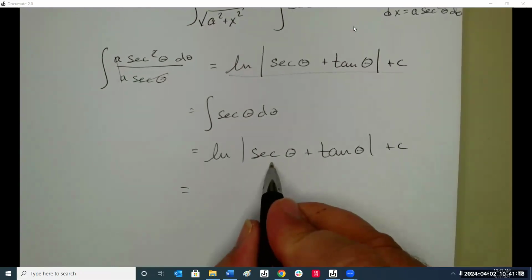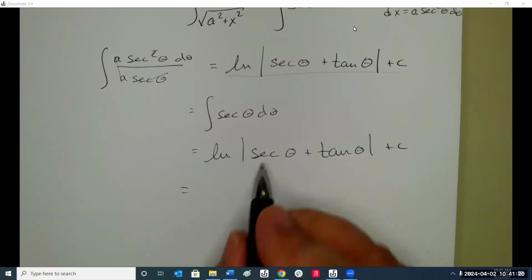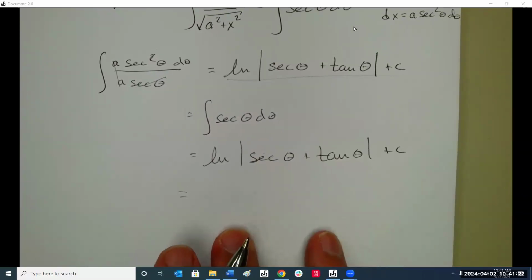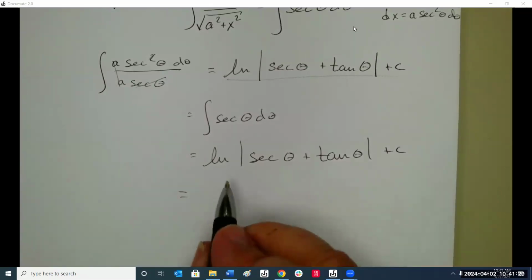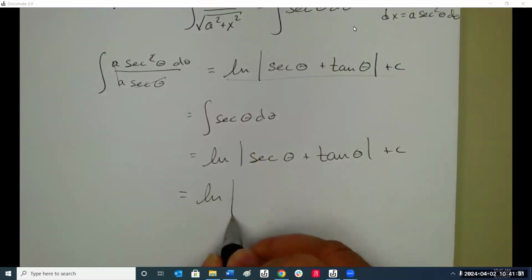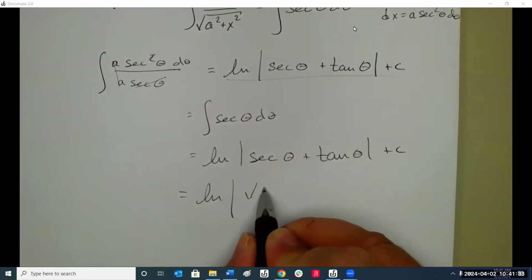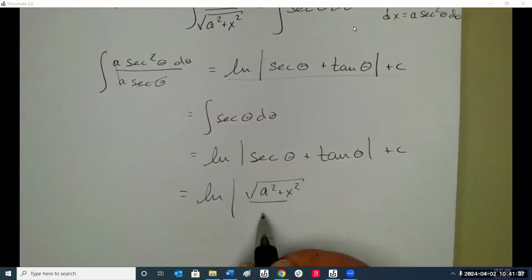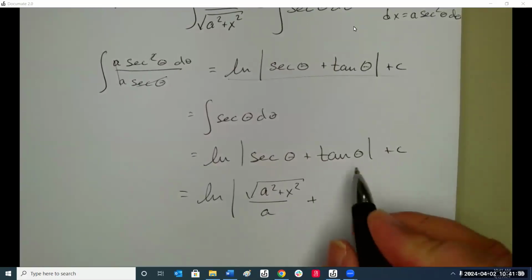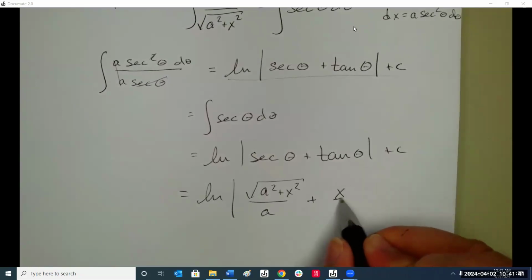And then from the secant function, we found it was the square root of a squared plus x squared over a, and tangent was x over a.